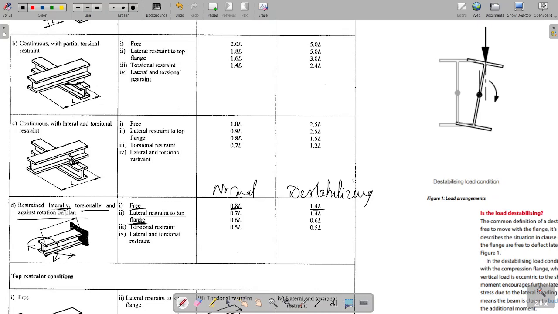In that case it is 0.7L under normal loading condition and 1.4L under destabilizing loading conditions.